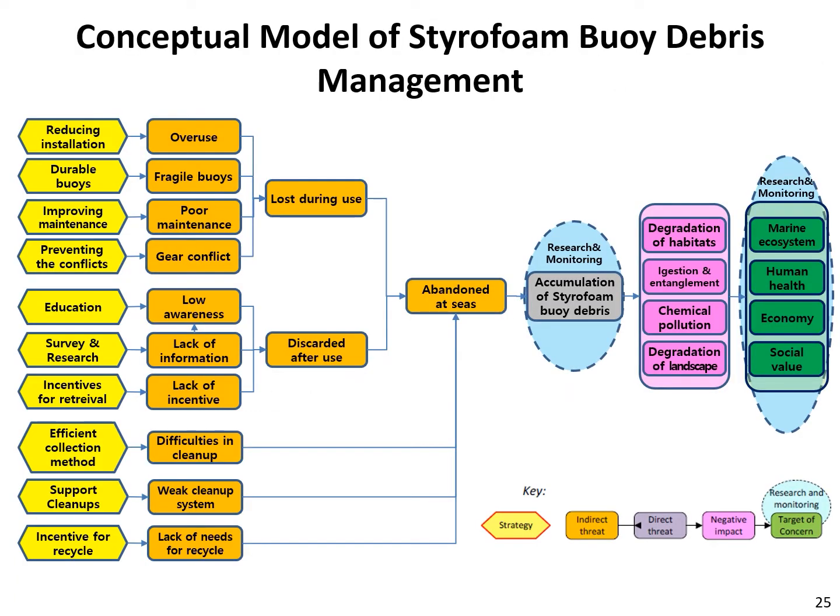This is the finalized conceptual model of styrofoam buoy debris management in collaboration with the workshop participants. We can see that there are two main indirect threats in generation of styrofoam buoy debris. They are usually lost during use or discarded after use.